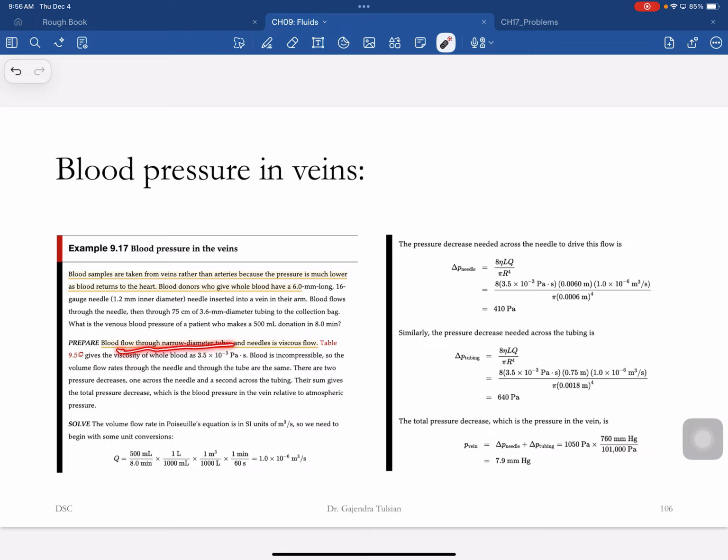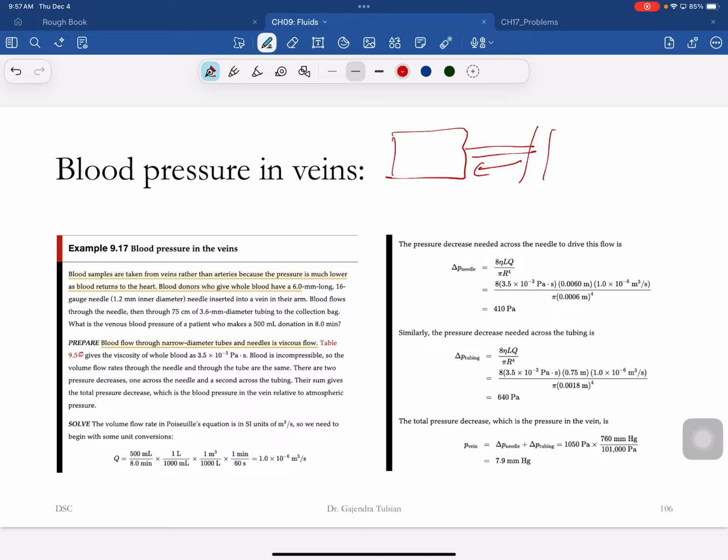So blood, which is viscous, flows through the narrow diameter needle. They draw about half a liter of blood in 8 minutes. So here's the needle, there's the vein, and there's the bag. Half a liter is flowing in 8 minutes, and what we are going to do is calculate the pressure difference between the pressure in the veins and the pressure in the bag.